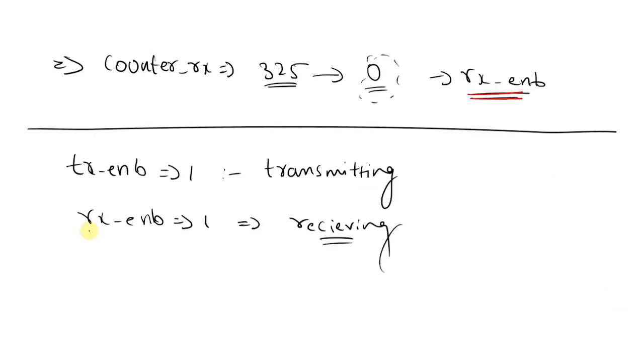Due to oversampling, the receive counter needs to go from 325 to 0. Transmit enable is for transmitting, and receive enable is for receiving.